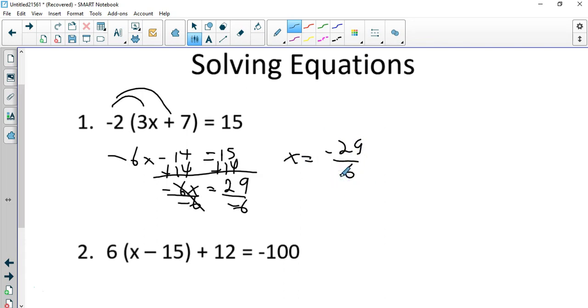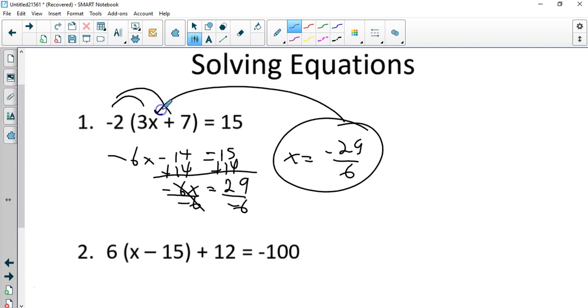And that is okay. We can get fraction answers. In fact, we can plug this back in. It's a bit of a pain because it's a fraction, okay? But we could plug that back in and do the math and confirm that it does end up being 15.